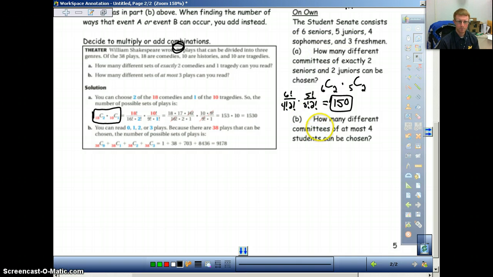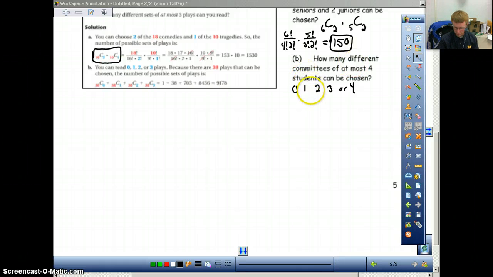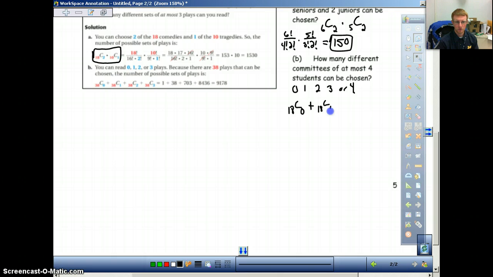And then the last one is more like the second one. It says how many different committees of at most 4 students can be chosen? That means 0, 1, 2, 3, or 4, so these are all added. We have the total number of 18 people, so we have 18 to choose from, and we can choose 0, plus 1, plus 2, plus 3, plus 4.